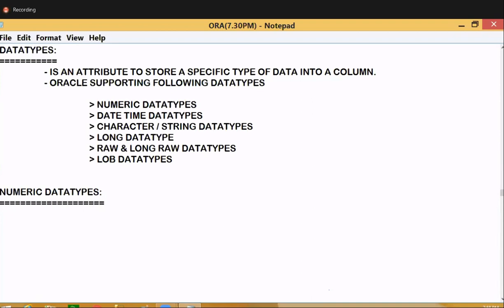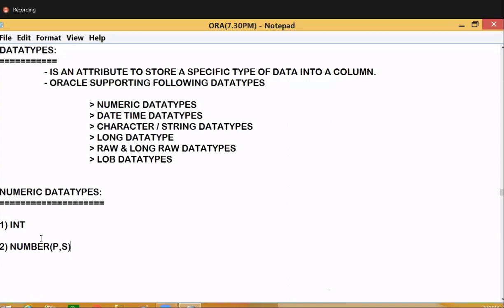In this numeric data type, we have two data types: integer, and NUMBER(p,s). So INT and NUMBER are the two data types which come under the numeric category.